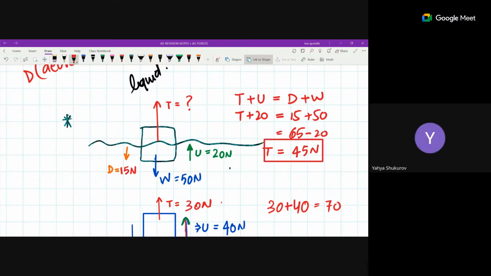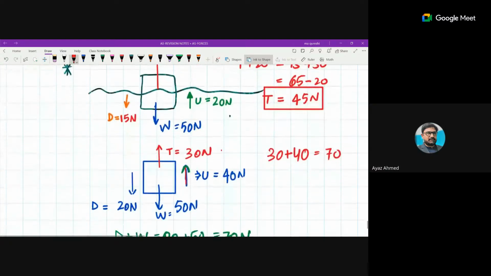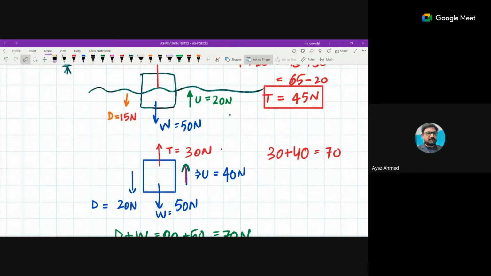When we pull the object out of the water, the rope has to apply more force, because the tension was supported by upthrust, and when that upward force is removed, there will be more force.